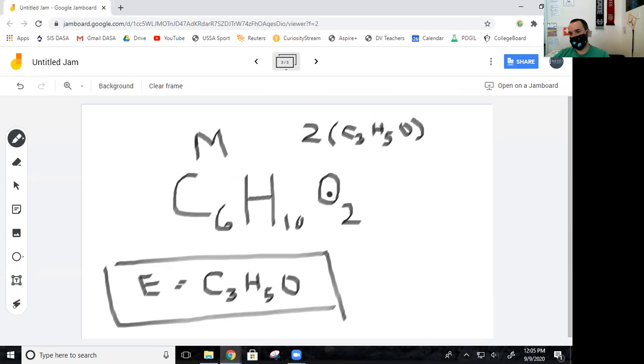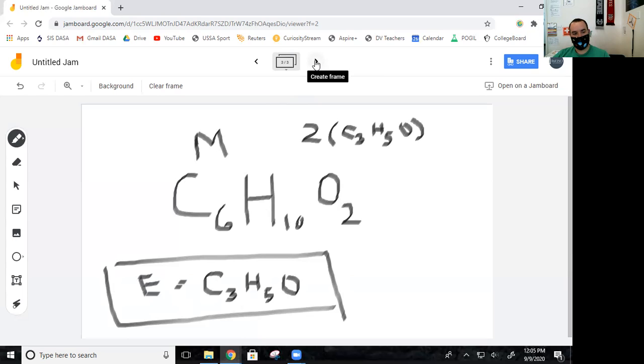No, it is not. This means that you have 2 molecules of this thing. This empirical formula is only in reference to this. Okay?